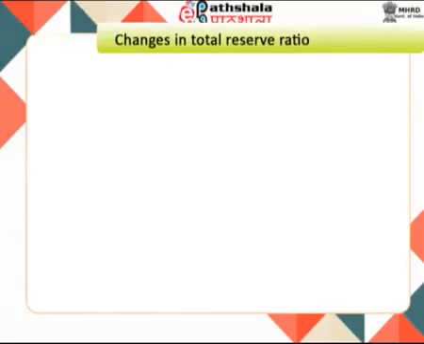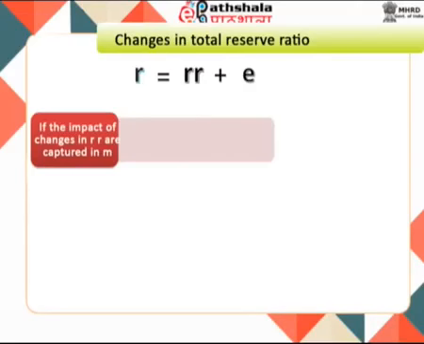It is important to note that since the total reserve ratio R is equal to the statutory reserve ratio RR plus the excess reserve ratio E, a change in R could come about through changes in RR or E. It is possible for the impact of changes in RR to be picked up through an adjustment in H or M. If the impact of changes in RR is captured in M, it becomes behaviorally unstable.